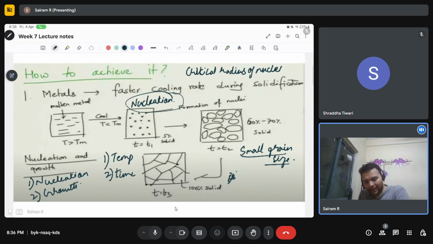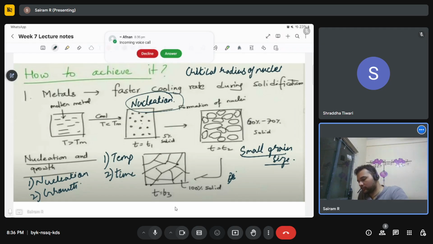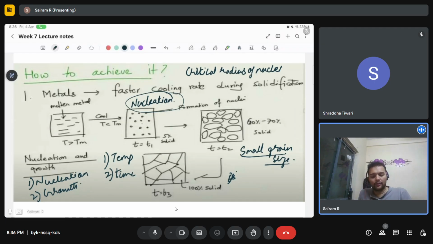There is an embryo that is formed, and then the embryo grows slightly. Only when the radius of this embryo exceeds or is equal to the critical radius do we say that a stable nucleus is formed.